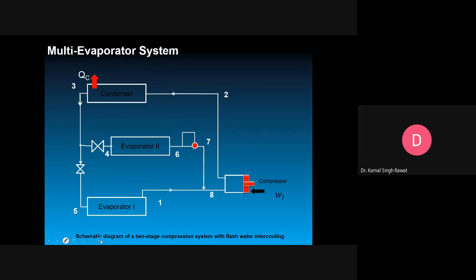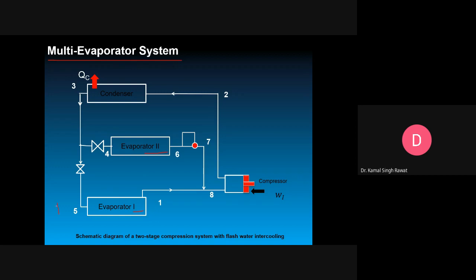As we have discussed, we have multi-pressure systems. A multi-pressure system can be a system in which there is more than one compressor or more than one evaporator. This system is the multi-evaporator system. It means in the system there is more than one evaporator. So in the system we have two evaporators.